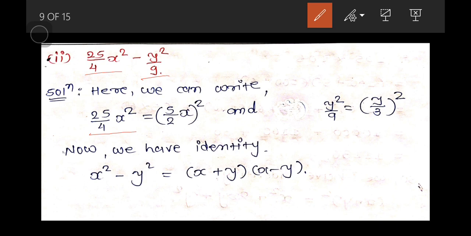So 25/4 x² is equal to (5/2 x)². And we can write y²/9 as (y/3)².